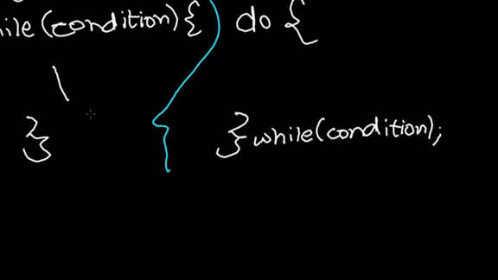Now the difference between a while and a do while loop is, in a while loop if the condition is false in the first run, it will not enter the loop.